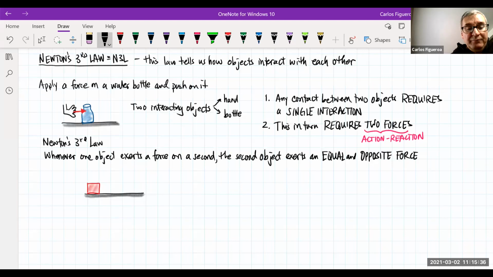Okay, so picture-wise, let me set up two pictures. I could imagine that I have two blocks, and these two blocks are coming towards each other. They're sliding towards each other right here. What are they going to do?